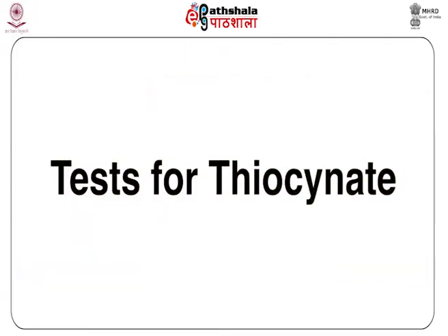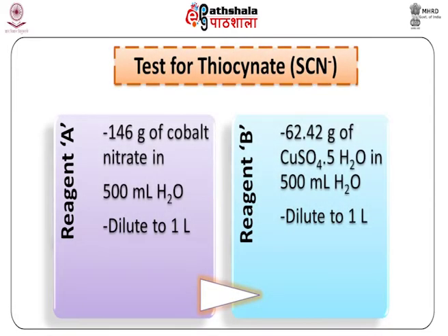Tests for thiocyanate. To test the presence of thiocyanate in the given sample, firstly, we have to make the following two reagents. Reagent A. It is prepared by dissolving 146 grams of cobalt nitrate in 500 milliliters of distilled water and then diluting it to 1 liter.